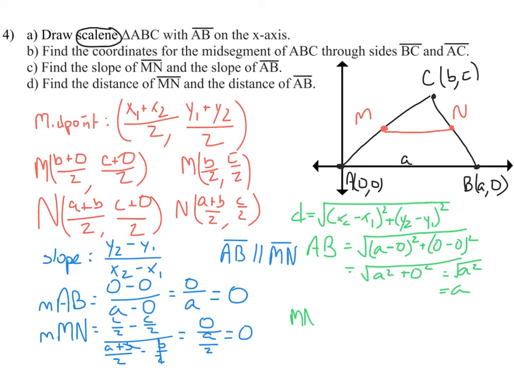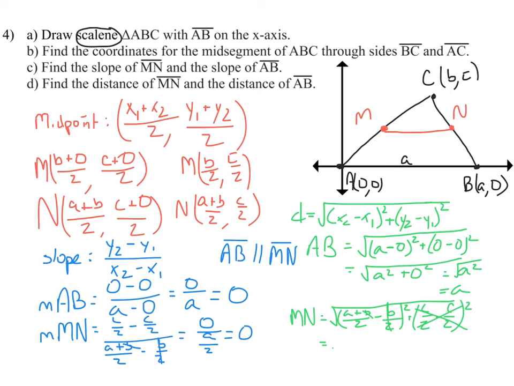For MN, well, we'll subtract our x's. So I'll do (a plus b) over 2 minus b over 2, squared, plus c over 2 minus c over 2, squared. Well, again, that's 0, so it's nothing. And again, here, the b's cancel.